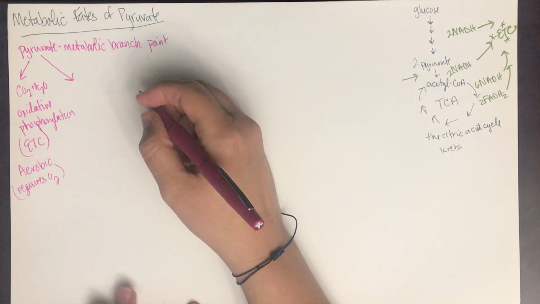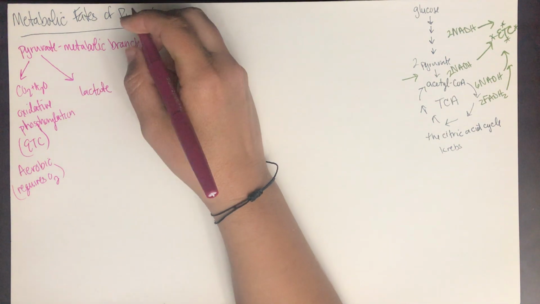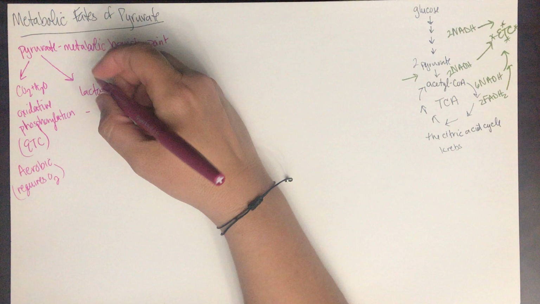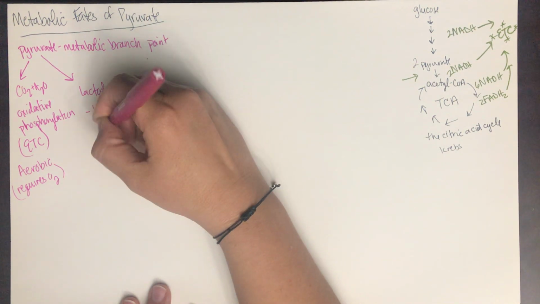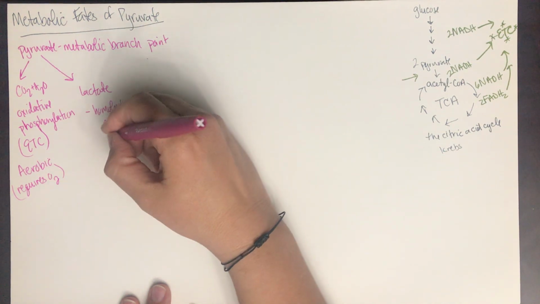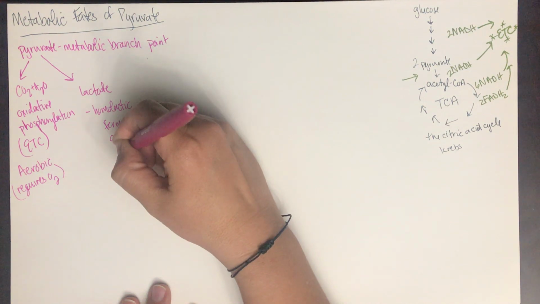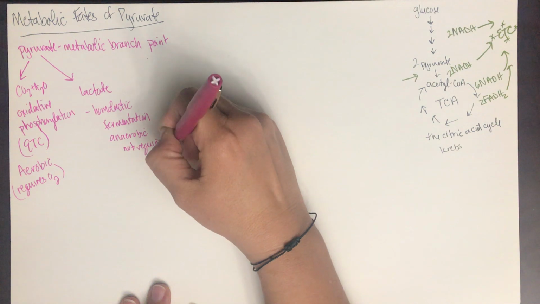Another option for pyruvate is to make something called lactate or lactic acid. This is called homolactic fermentation. This is anaerobic, so it does not require oxygen.